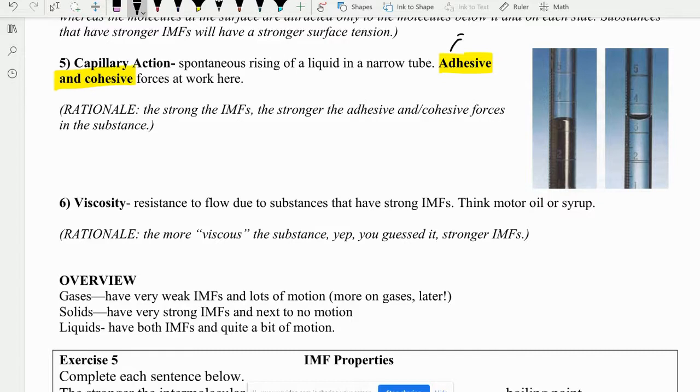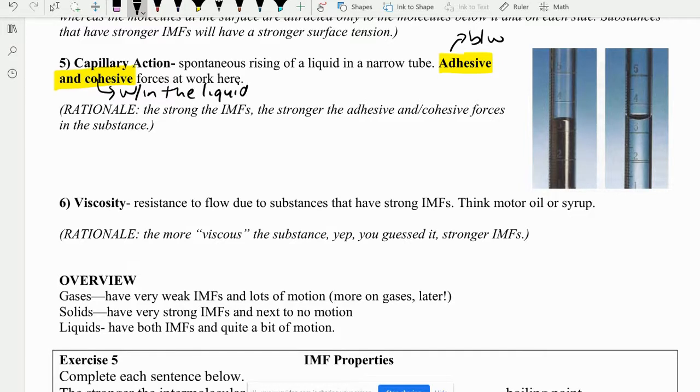Really quick, adhesive forces are the forces between liquid molecules and the container they're being held in, where cohesive forces are going to be the forces within the liquid itself, okay, and just within the liquid itself.